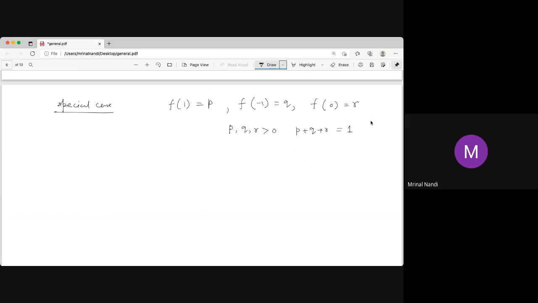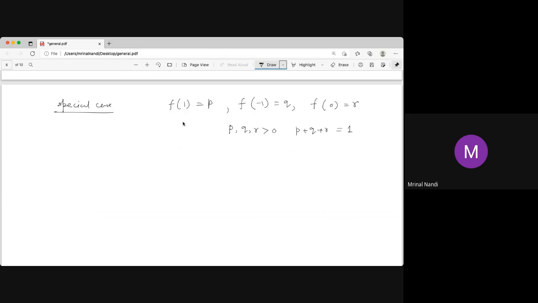And if r is positive, then it is not that first kind of random walk, it is a special type of random walk. It can stay there for the next move. It is also called a birth and death chain.